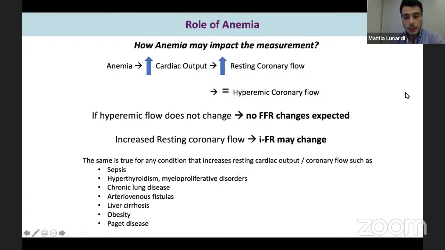And don't forget there are other conditions like anemia that increase the resting cardiac output, and so can have the same effect on pressure-derived indexes, like sepsis, chronic lung disease, cirrhosis, and so on. So keep it in mind, because you can often have patients with these kinds of clinical conditions.